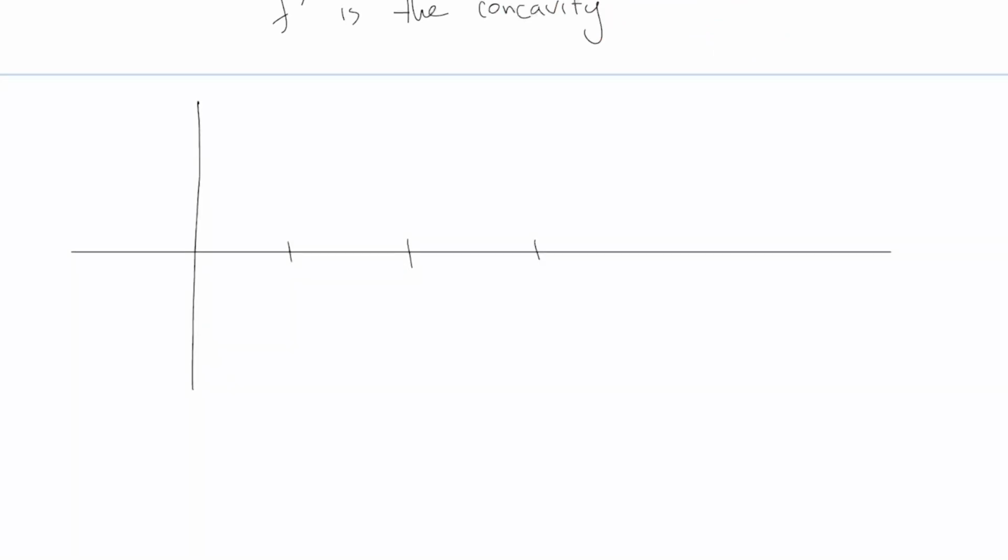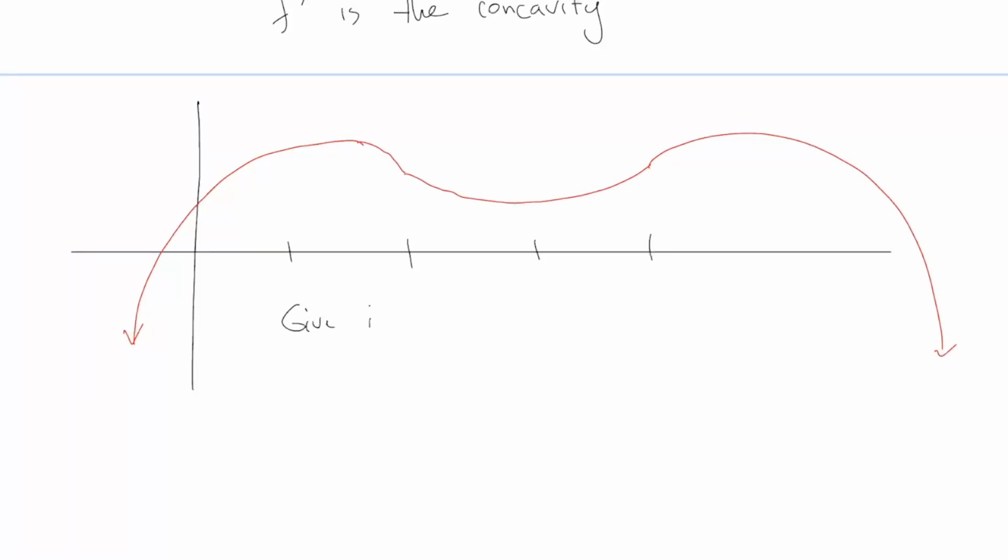I'm going to try to draw this fairly specifically here. Something like that. Your job is to give me intervals of x values where it's concave up versus down.